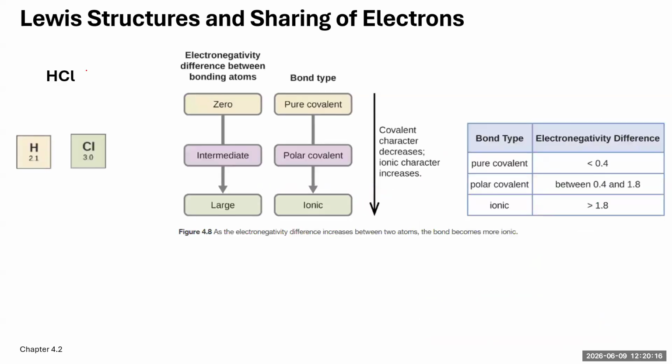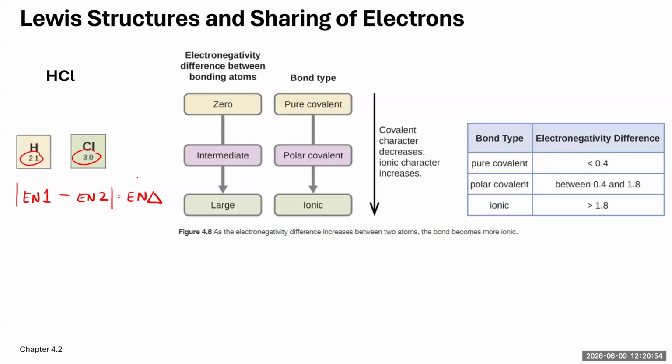All right, so you can measure the electronegativity difference between atoms. I don't like using this a lot, but it's good in the beginning to learn. So we're going to look at the difference between 3.0 and 2.1. So one way to do it is you take the electronegativity of the first thing minus the electronegativity of the second thing, and you take the absolute value, and that's your electronegativity difference.